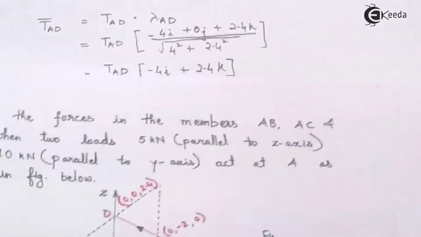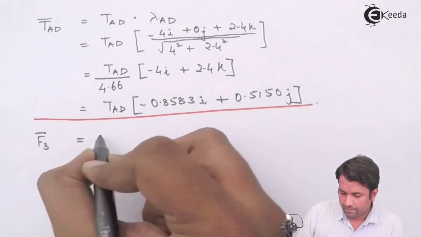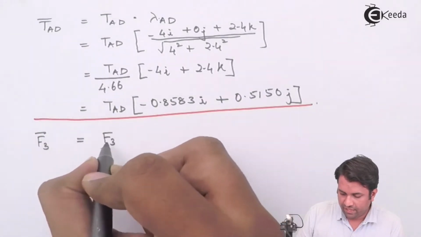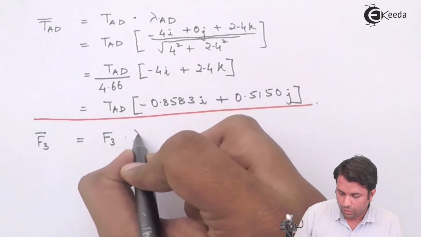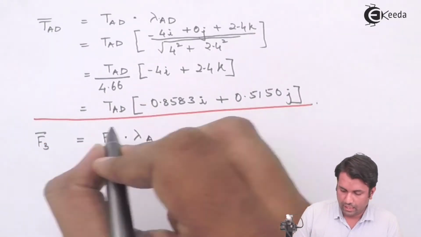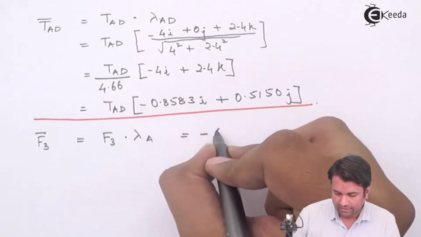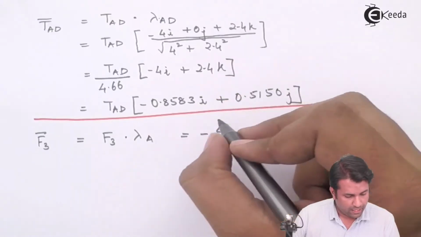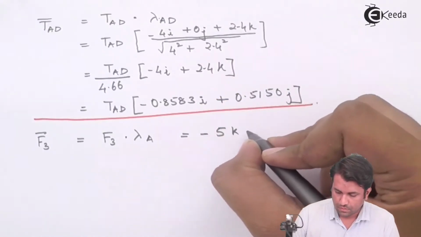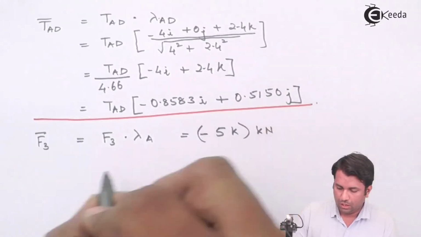So F3 vector will be F3 into unit vector at A. So that is nothing but coming out as minus 5K kilonewtons.